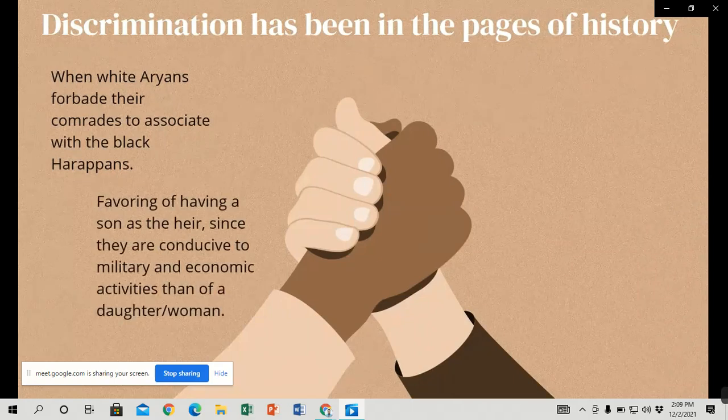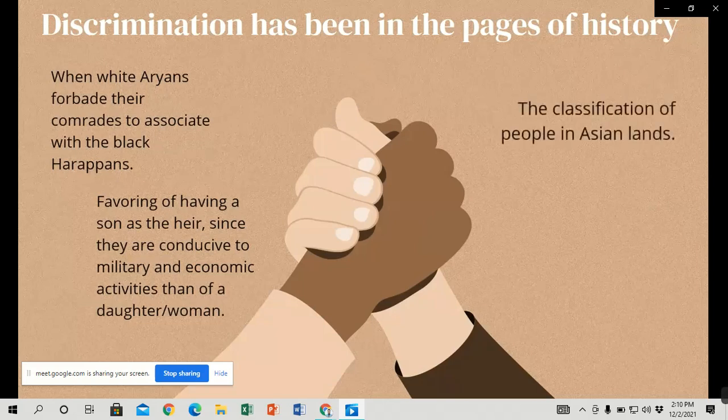They are strong and have the will to control a strong kingdom, military, and economic activities, more than a woman or daughters. That's why it is favorable for a royal family to have a firstborn son or male heir rather than a daughter.